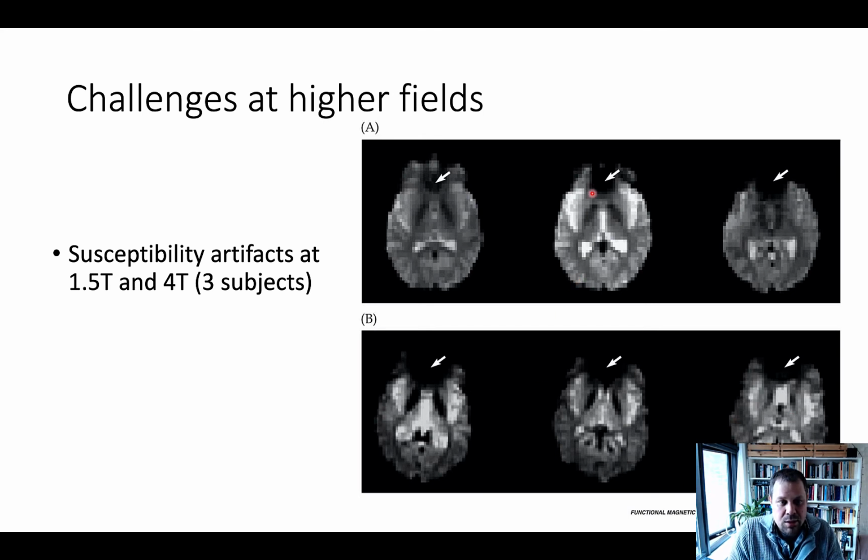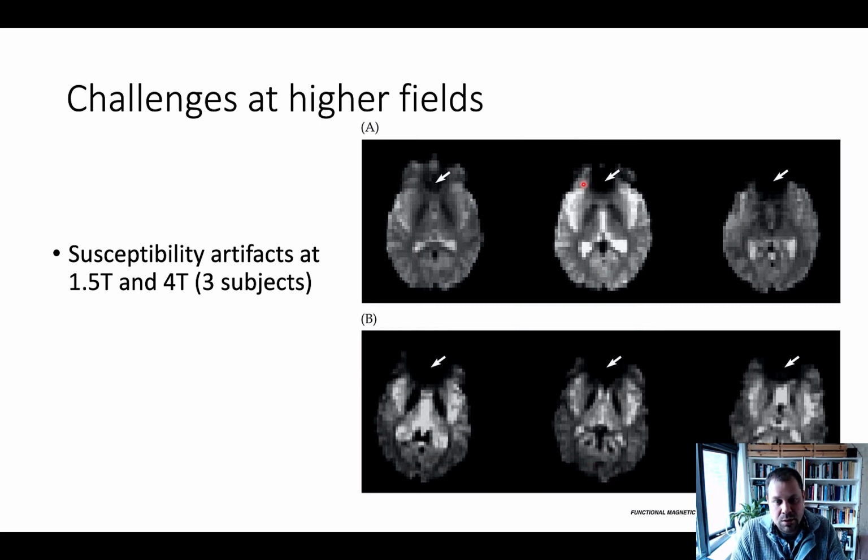And you can see that one thing that changes are these susceptibility artifacts. So these dropouts in the functional scans, so in the EPI scan that we acquire, they become much larger in higher fields. There are ways to counteract it, but they're never perfect. So this is one of the side effects that you have to deal with. You can see visual cortex is pretty much left untouched, which is why the previous study worked so well.